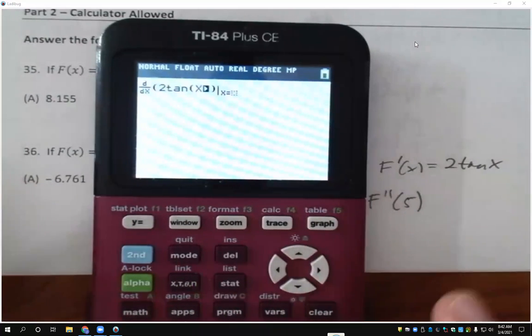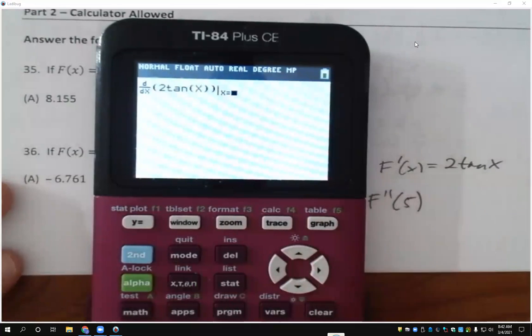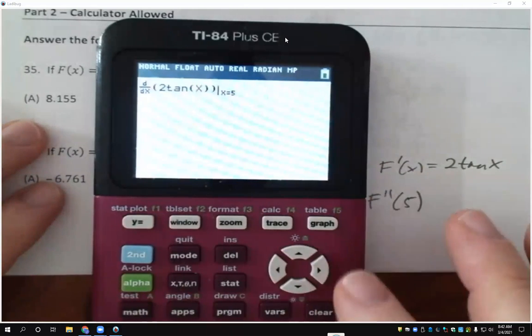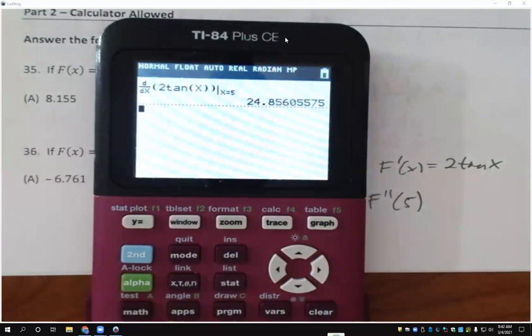I'm in degrees right now, so I'm going to need to change that, and then we evaluate at 5. Before I hit enter, I need to change my mode. Then I hit enter, and we get 24.856. So answer D.